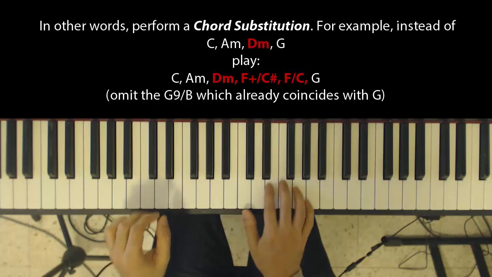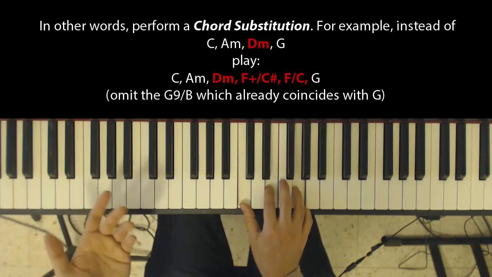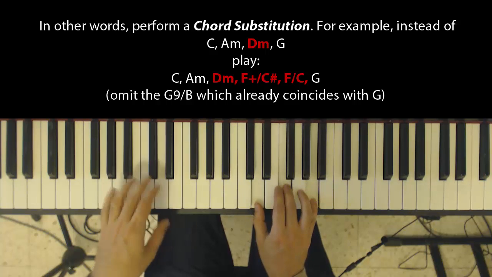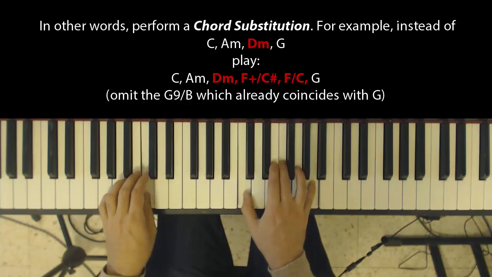So notice what I've done there. I've taken the C major as is, the A minor as is, and then in the D minor I started out lowering the bass note.